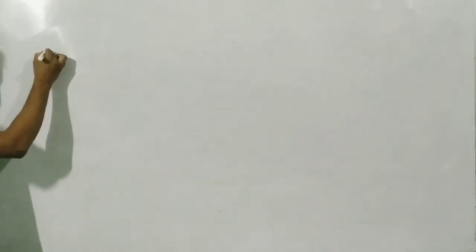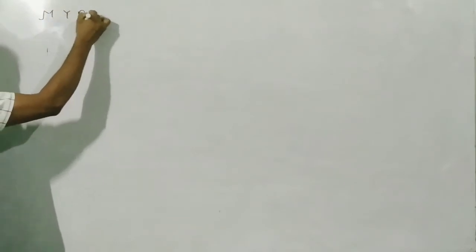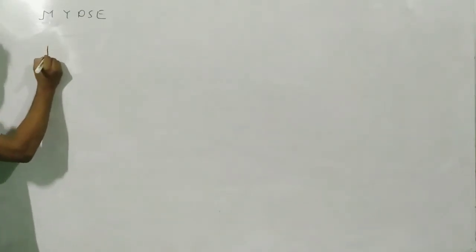Okay, so how do we do that? So I am talking about MYDSE. The M stands here for modified Young's double slit experiment. Okay, so what do we do here?